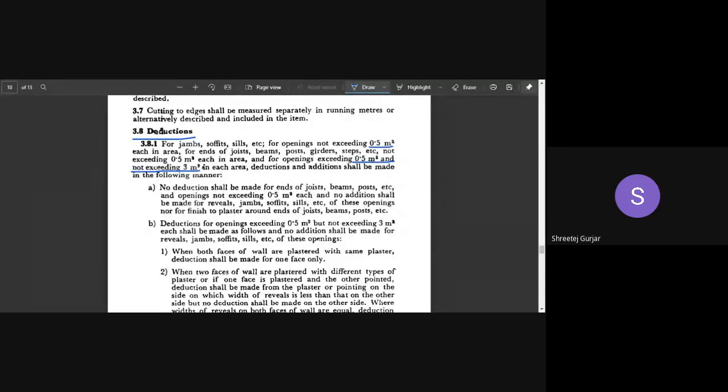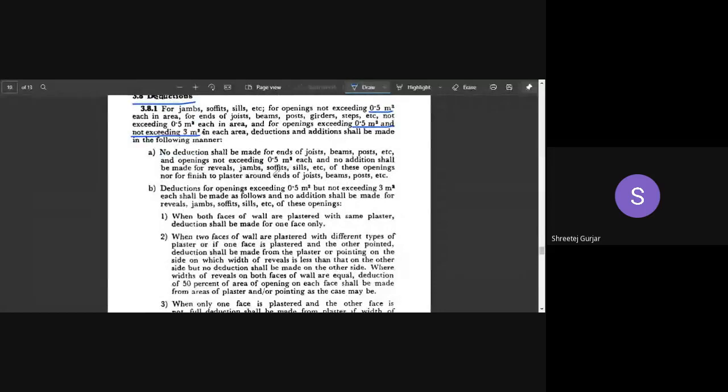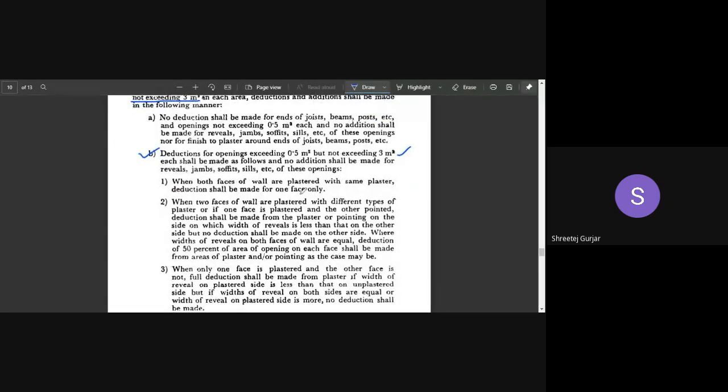Our openings are usually in the second range, 0.5 to 3 square meters, so deductions for openings exceeding 0.5 square meters but not exceeding 3 square meters apply.